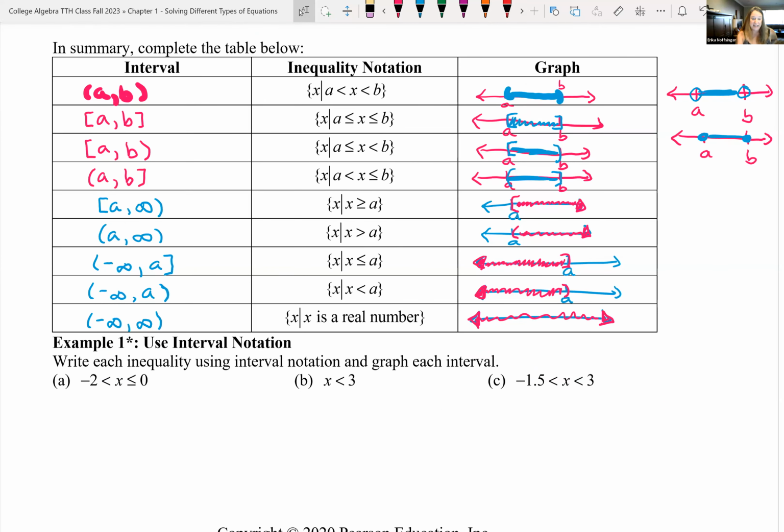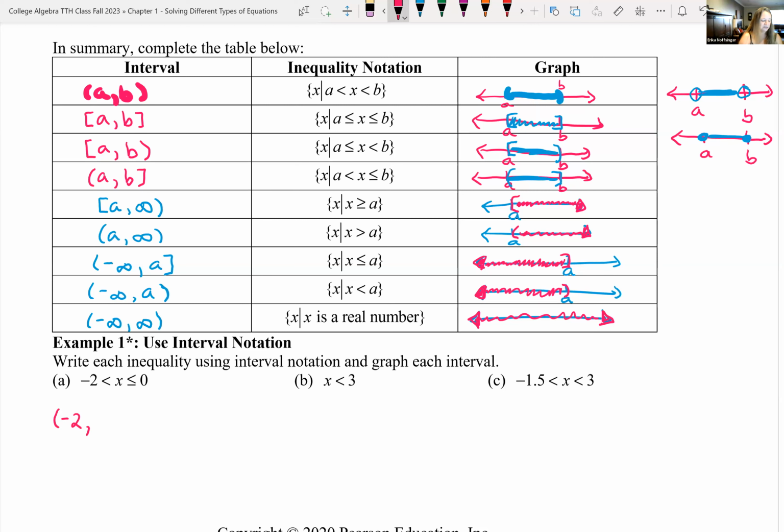Okay, so you should have had time to do the following examples in front of you. Looking at this, we have -2 is less than x, which is less than or equal to 0. So I'm not including -2. -2 is the smallest value. Always go from smallest to largest.